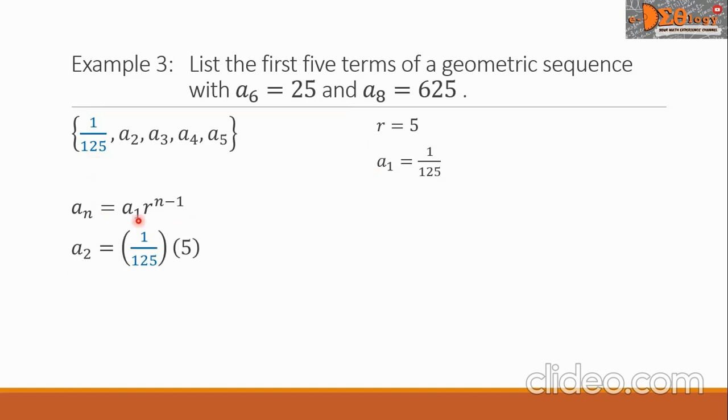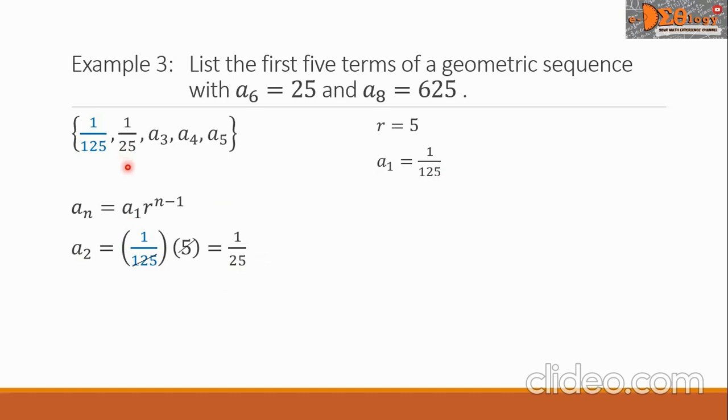So we have now this a sub 1 is 1 over 125 times r is 5. We can cancel this 5 and 125 and we will have this 1 over 25. This is our a sub 2, the second term. We can substitute now this value in here.